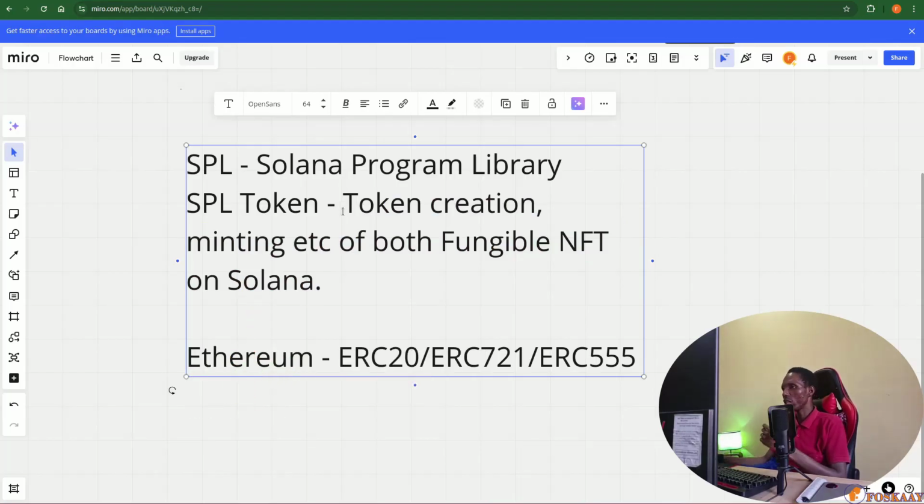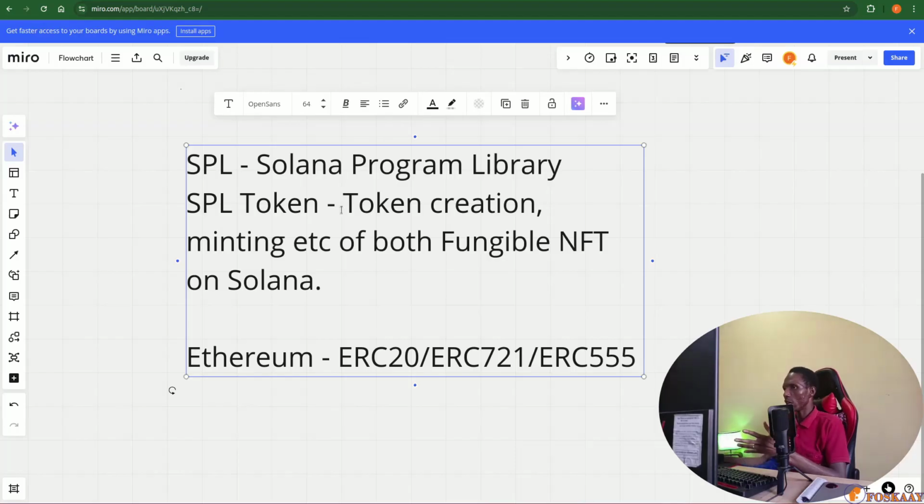So all you need to do is to follow some set of transaction, to organize your transaction in a way that it can interact with this SPL token program using the ID on the Solana blockchain.